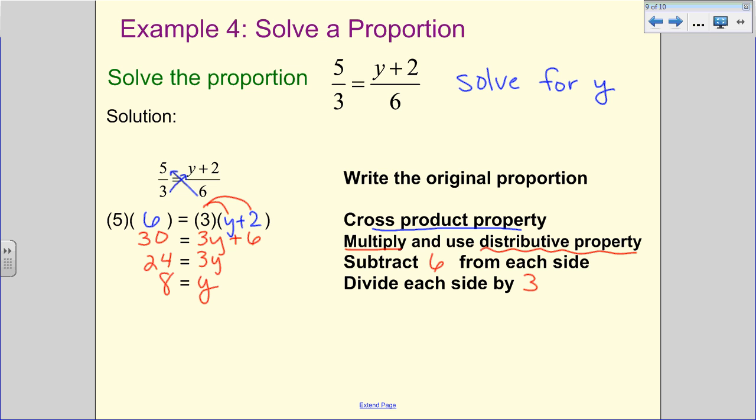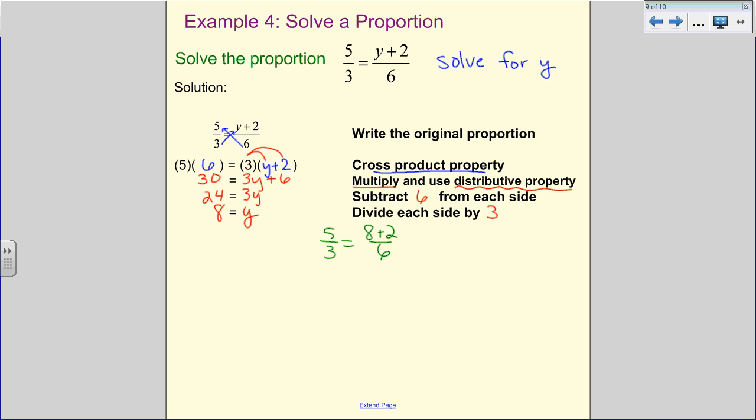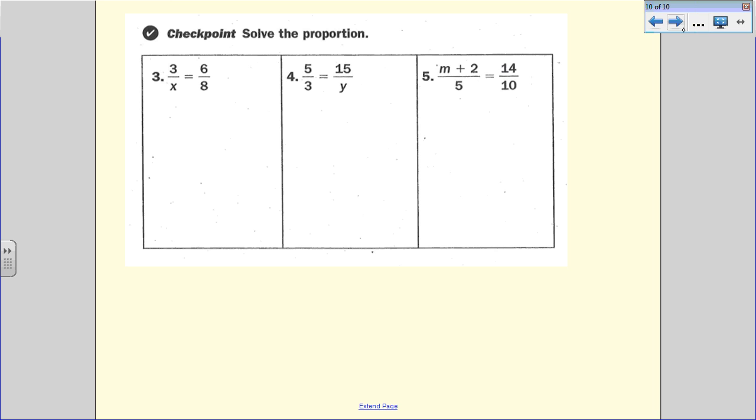You can check that answer by looking at 5 over 3 is equal to 8 plus 2 over 6. If we look at those fractions, we have 5/3 is equal to 8 plus 2, which is 10 over 6. When you look at those, they are the same ratio. They are equal to each other, so I know that y equaling 8 is the correct answer.